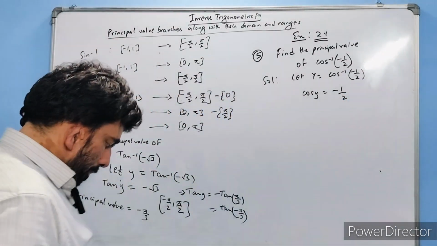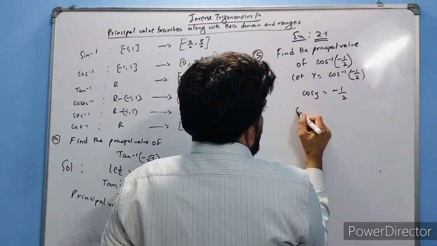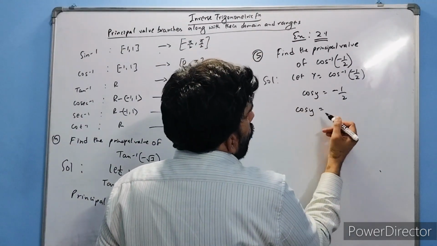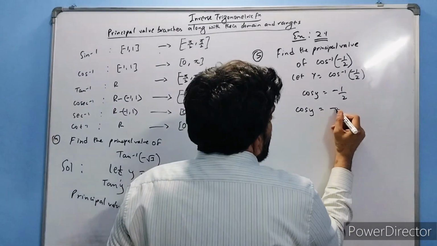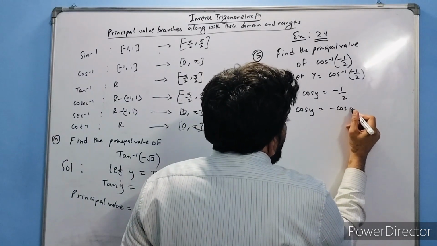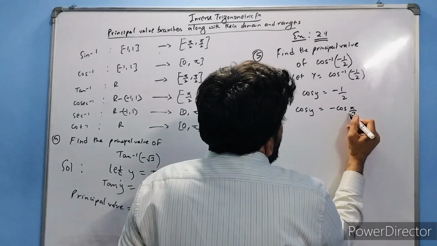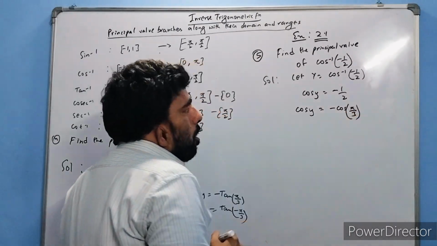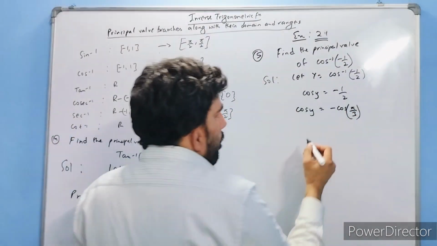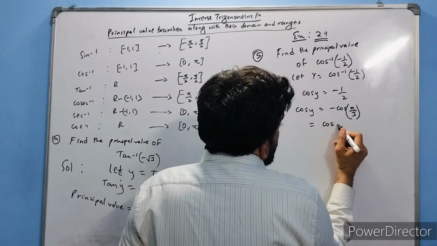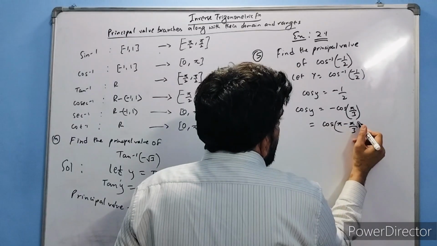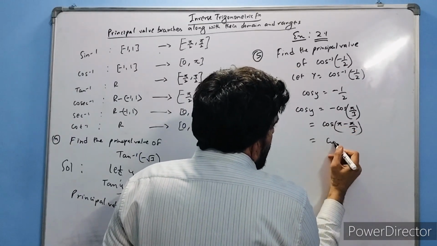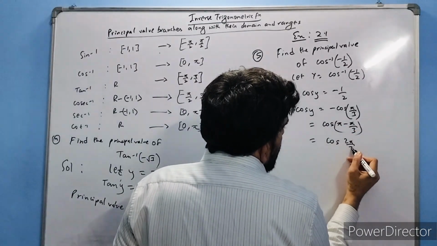Then we will have cos y is equal to minus cos pi by 3, so we can write this as cos of pi minus pi by 3. So we have cos 2 pi by 3.